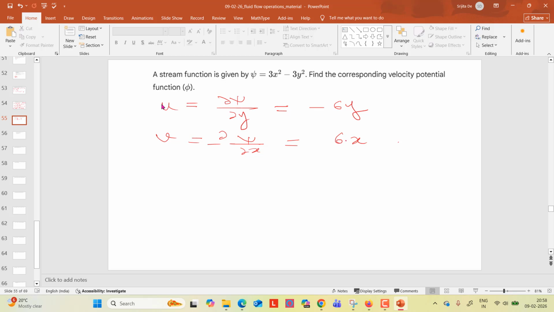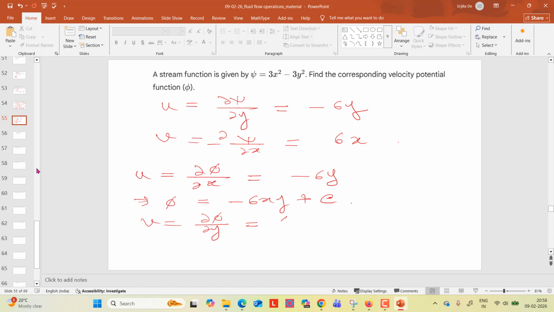And for the potential function, u equals del phi del x, which is minus 6y, right? That means phi equals minus 6xy plus c, and v equals del phi del y equals 6x.